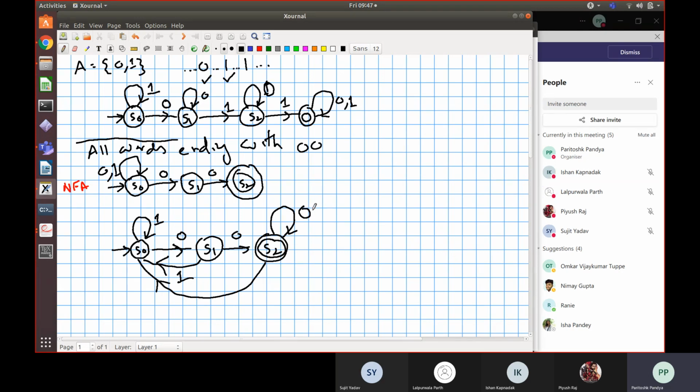And any number of such zeros, till you are getting the sequence 0, 0, 0, 0 after 1, it's fine. There is still a word ending with 2 zeros. But if a 1 occurs, then you have to start afresh. So this is the DFA for it, right? So I think that is the correct answer. Okay, so we've done that.